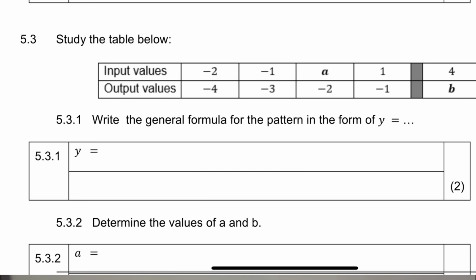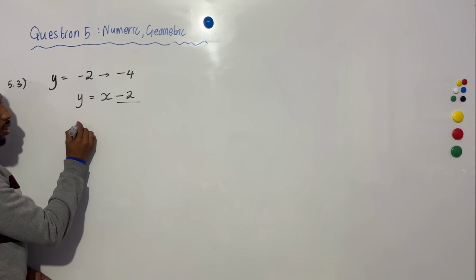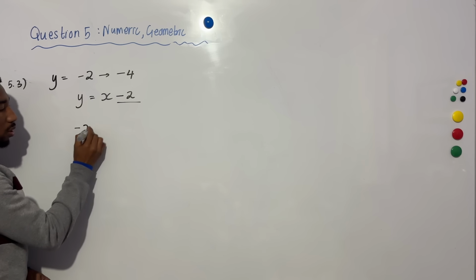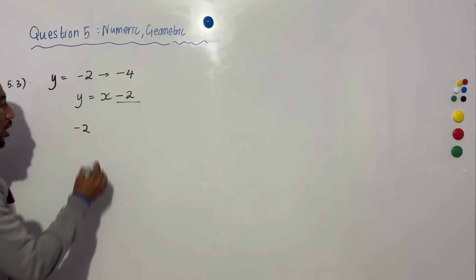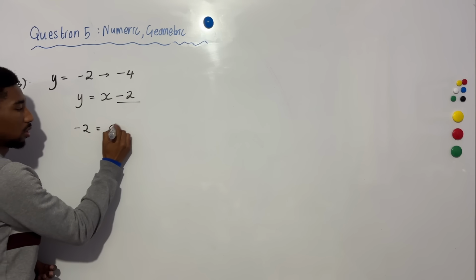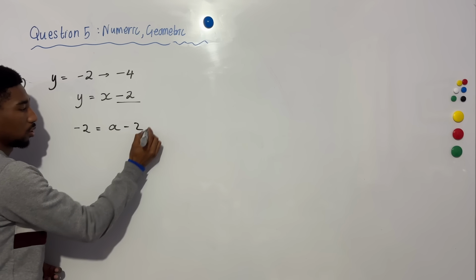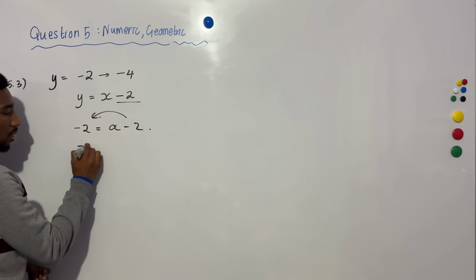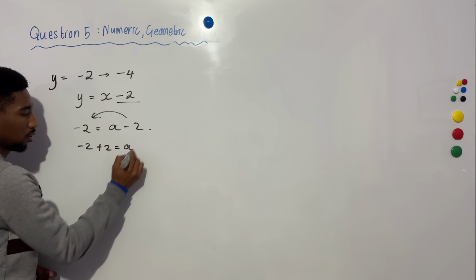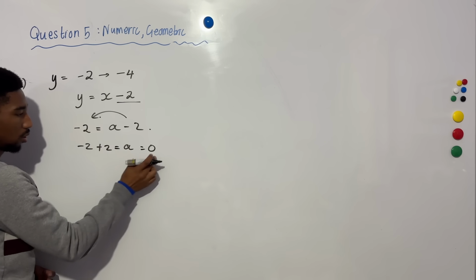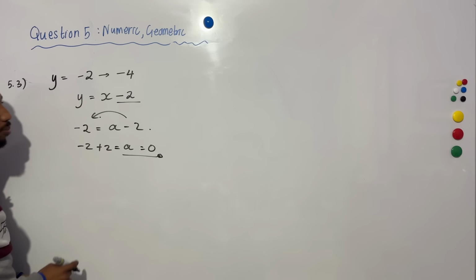Now we need to determine the value a. Okay, so we have our y, which is equal to minus 2, right? And then a was our input there. So a is the x minus 2. I take the 2 over: minus 2 plus 2 equals a. a is equal to 0.